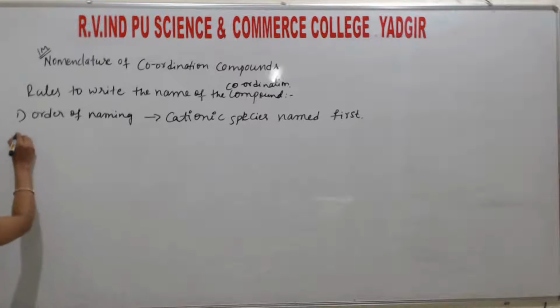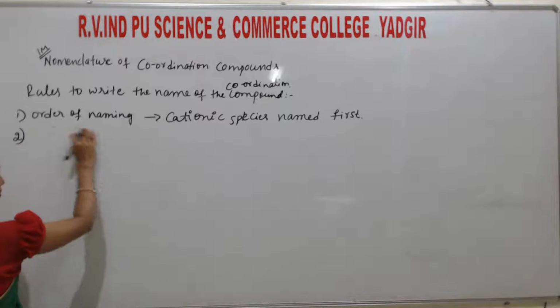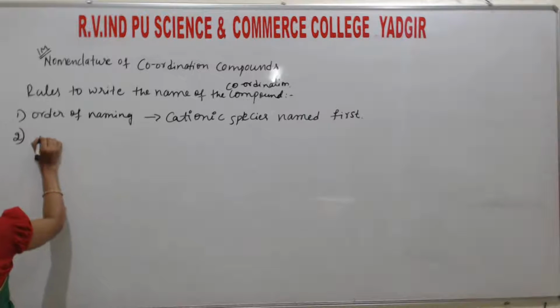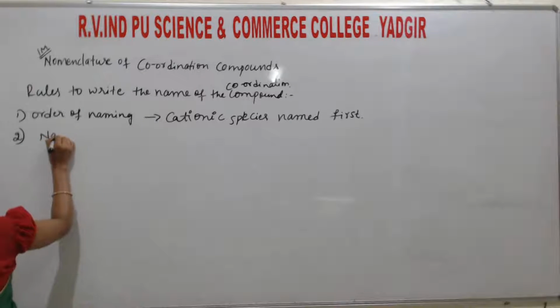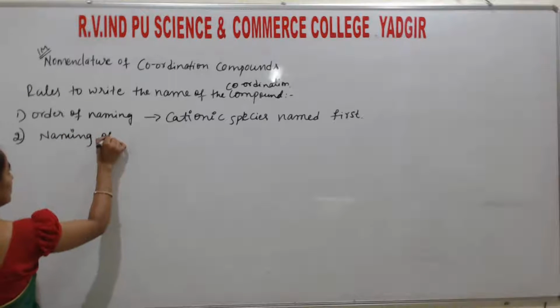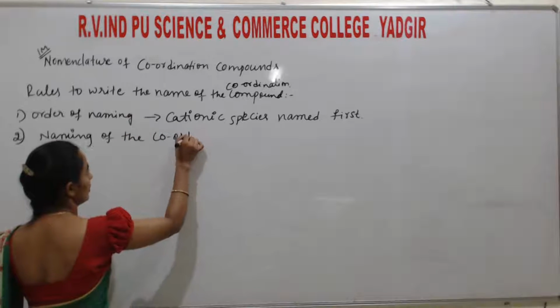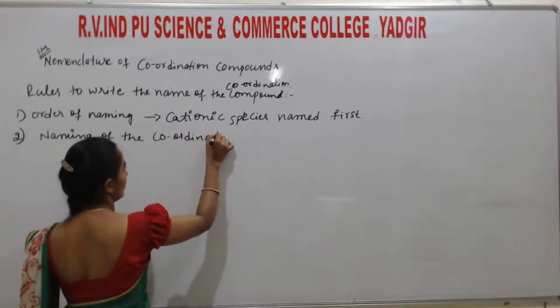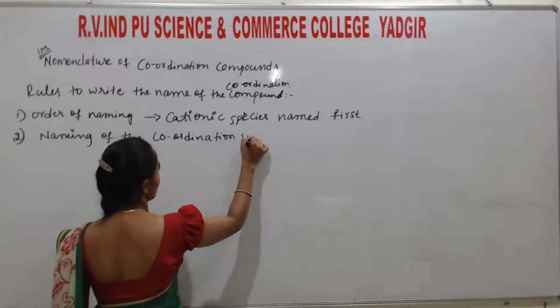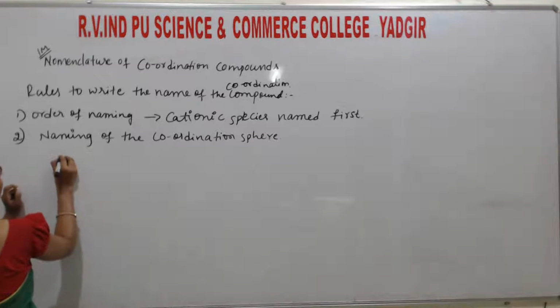And the second one is naming of the coordination sphere. So the first one is order of naming. Second one, while naming the coordination sphere, what does it follow?